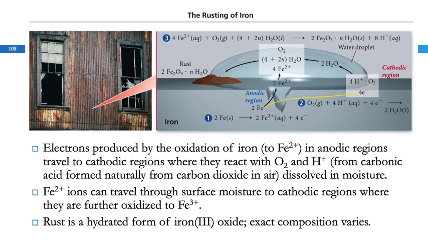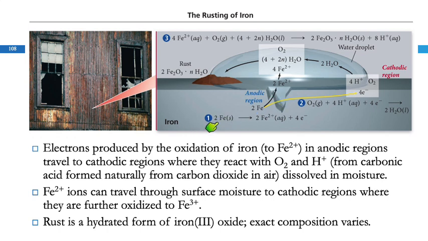So this is looking at what happens as iron rusts. Here we've got a building with iron siding on it, right? And you really need some moisture in order for this to happen. So here we have a water droplet, and this is the iron.